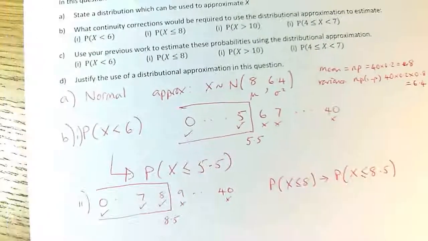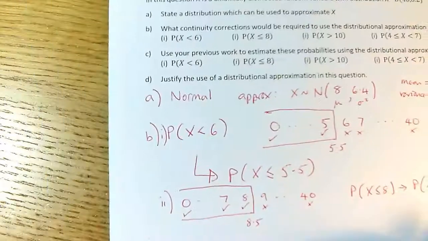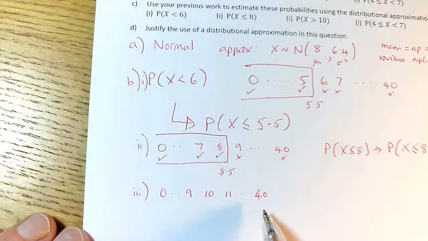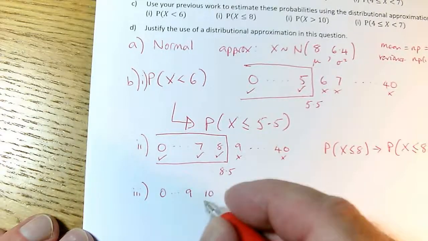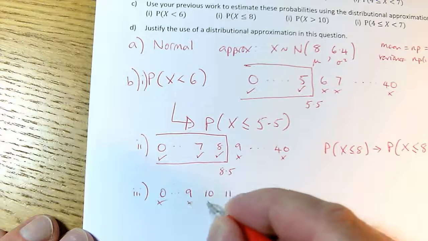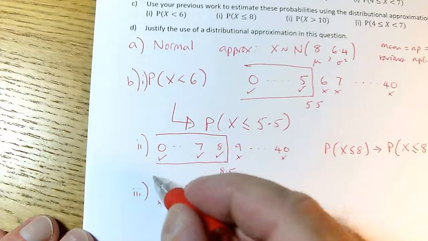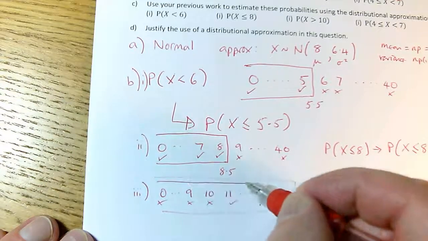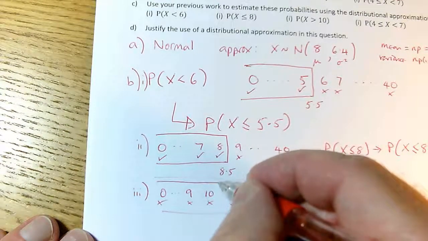So if you've done it, part 3, what you should have done is this. You should have drawn your outcomes for part 3. So here they are, and we want to be greater than 10. So your ticks and crosses, you should have had greater than 10. These all get crosses, but these get ticks. So your two boxes would be, well, there'd be a box for everything, but then there'd be a box that is everything greater than 10.